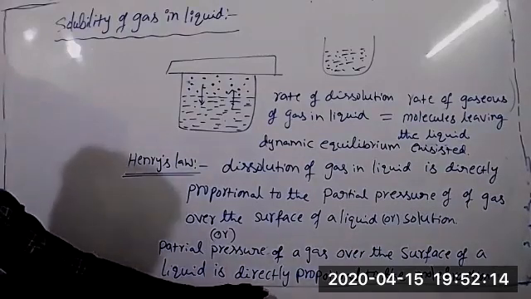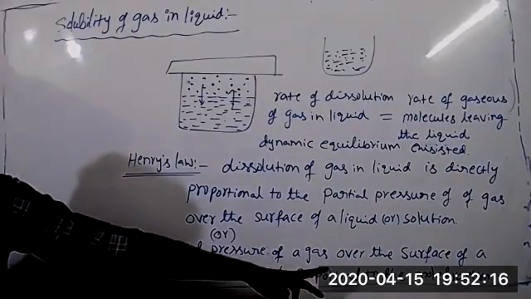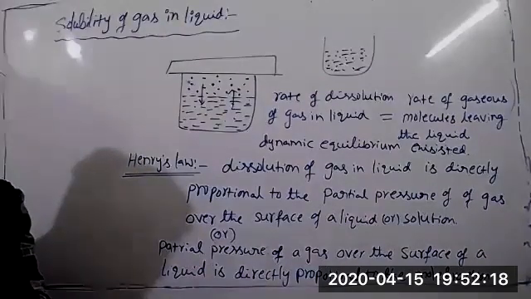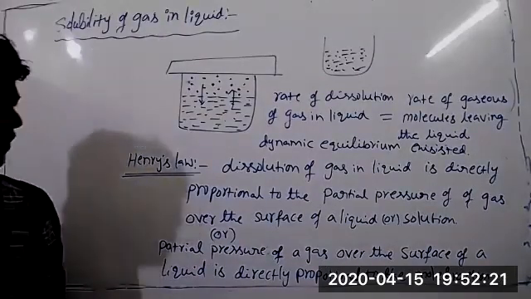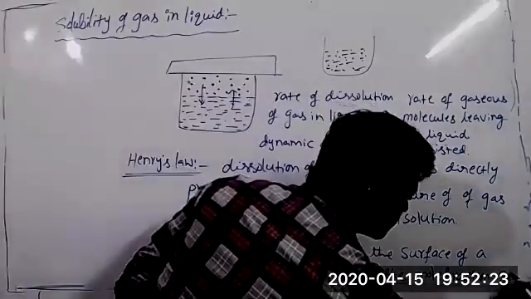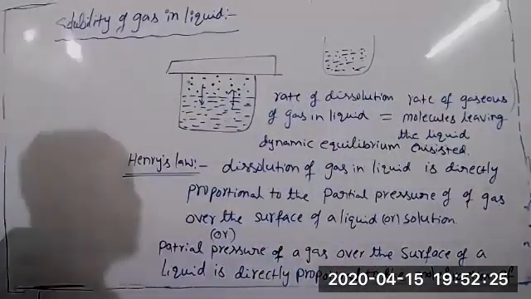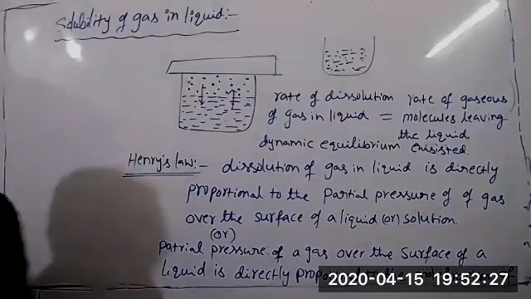Then write the second definition also. Partial pressure of a gas over the surface of a liquid is directly proportional to the mole fraction of gas in a liquid.